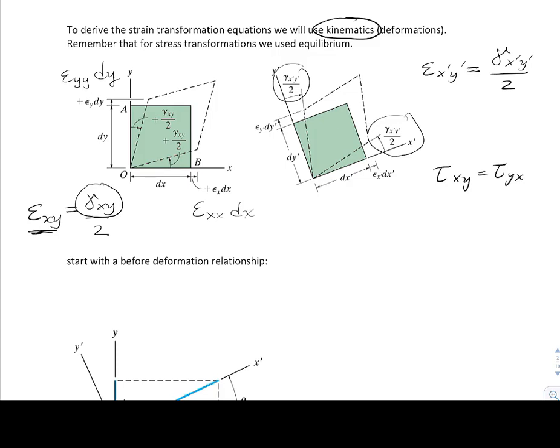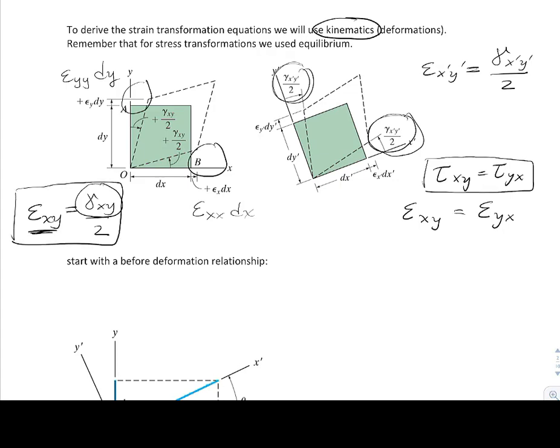That's essentially the rule: once we know the shear stress on one face, we can draw it on all four faces. It's because of equilibrium that those have to be true. So epsilon xy is going to equal epsilon yx. We take gamma and split the difference between those two. You see it twice here, both on the prime axes and over here on the xy axes. So just keep in mind that epsilon xy is going to equal gamma xy over 2.